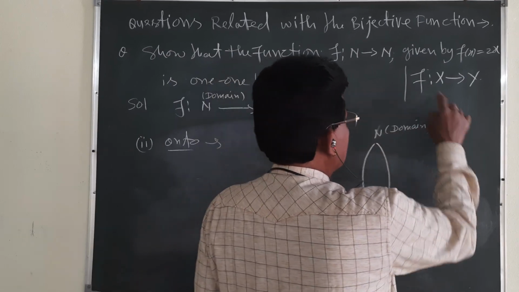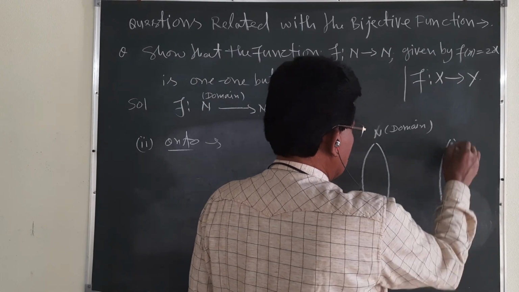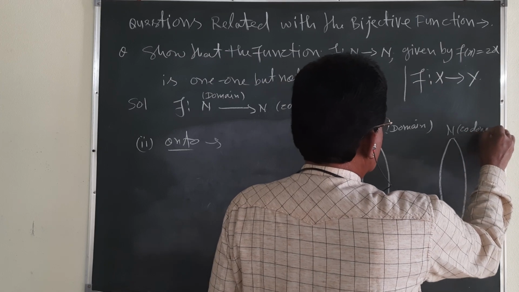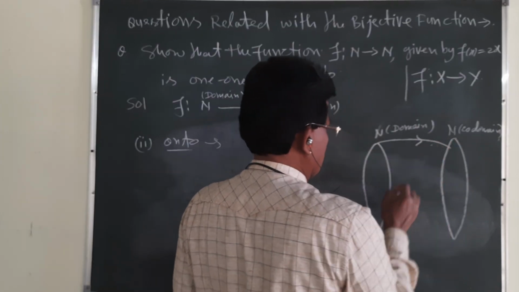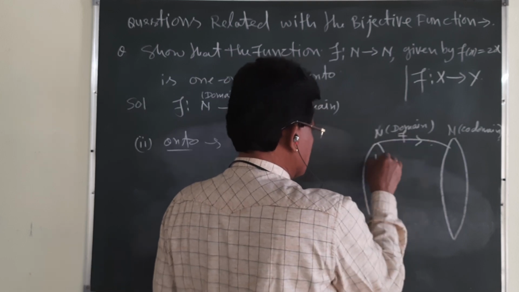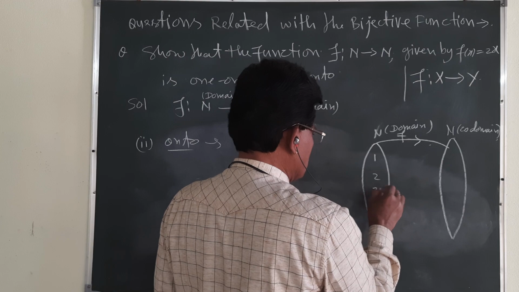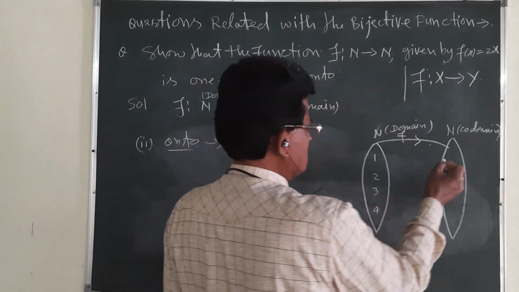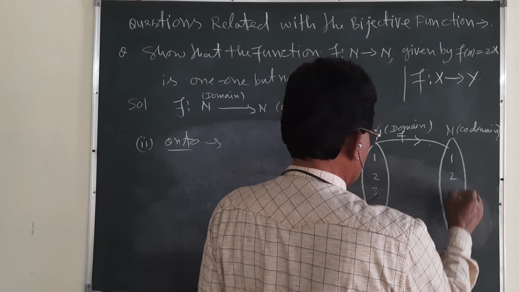Domain is X. And this will be N, codomain N, under f. Let me take natural numbers 1, 2, 3, 4. As many natural numbers as you can take belong to the domain. Similarly here 1, 2, 3, 4.